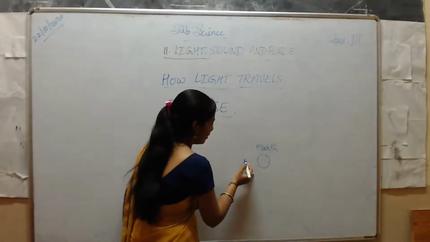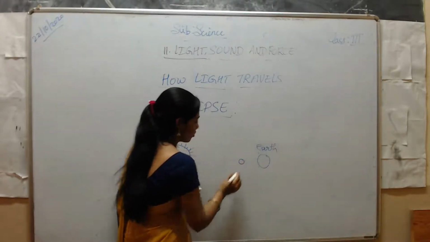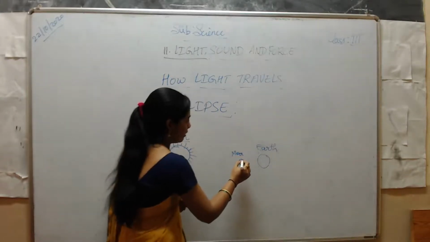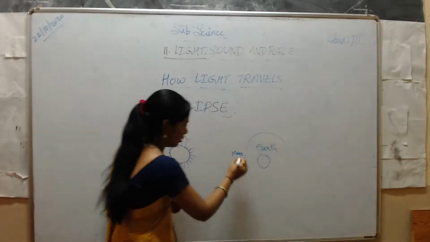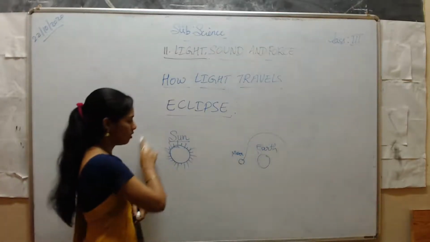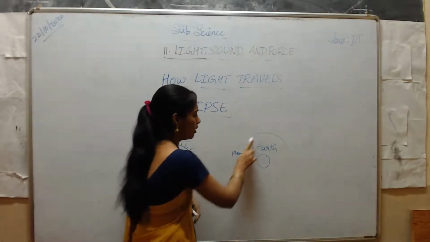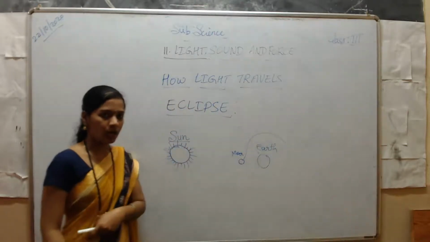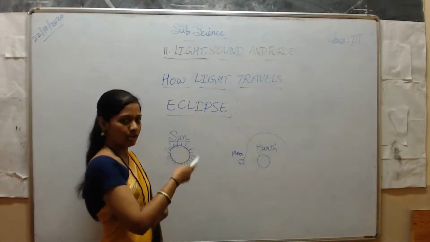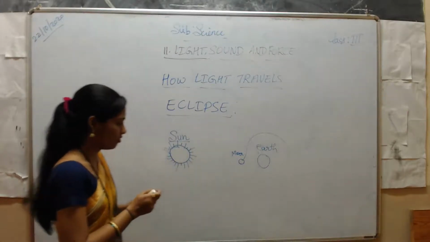And here it is the moon. The moon revolves around the Earth. The Earth revolves around the sun and the moon revolves around the Earth. This system happens in the universe, in the solar system.